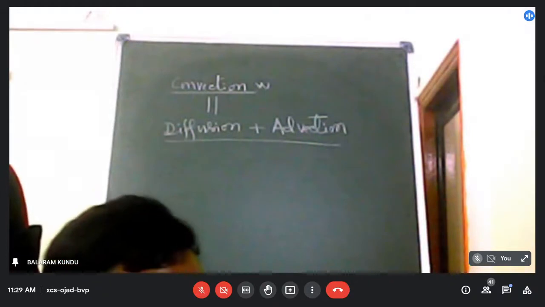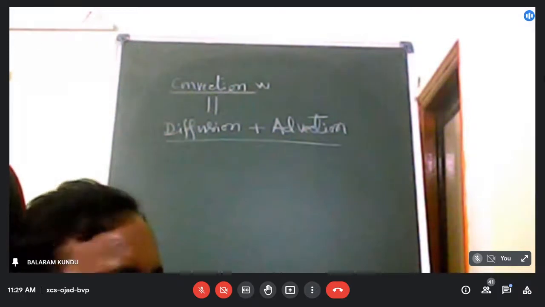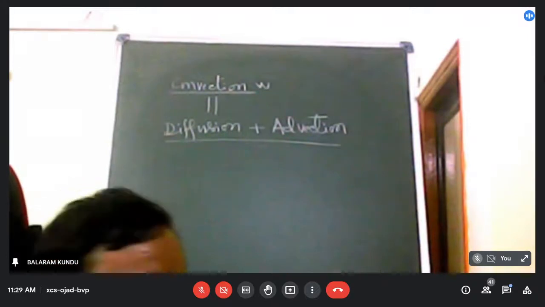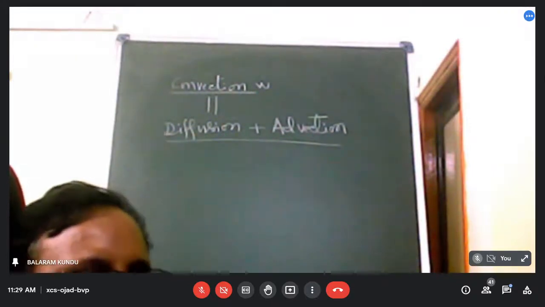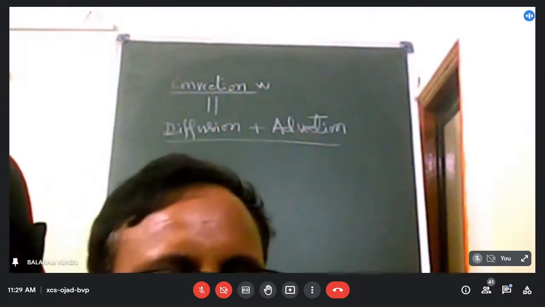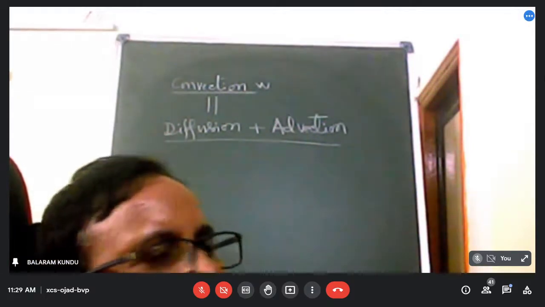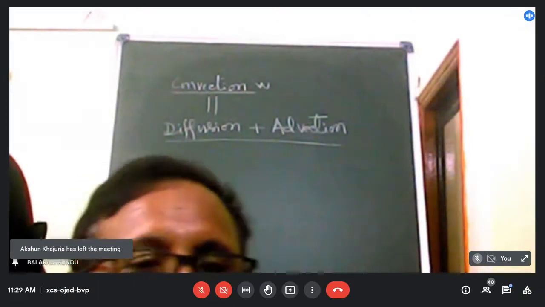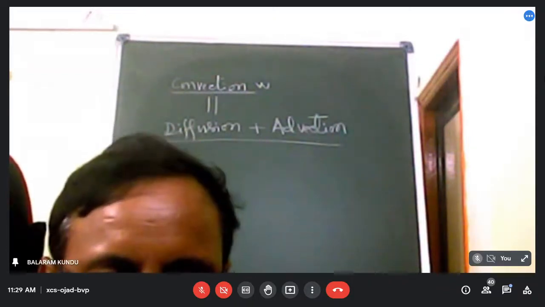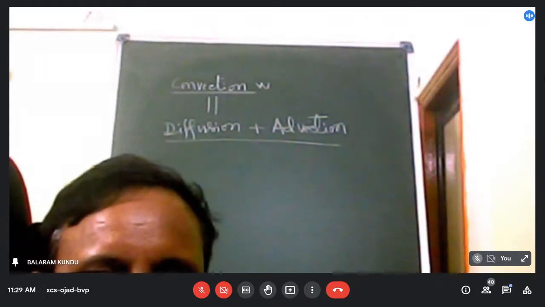So this convection is very interesting, and there is a little bit of complexity in analyzing convection heat transfer because fluid flow is there. It has two components, the diffusion component and the advection component. Generally, to analyze convection heat transfer, we have to determine the convective heat transfer coefficient h, which is required to calculate the convective heat transfer rate.